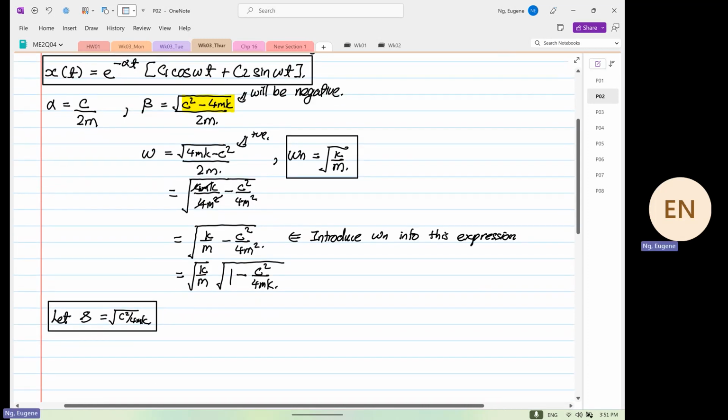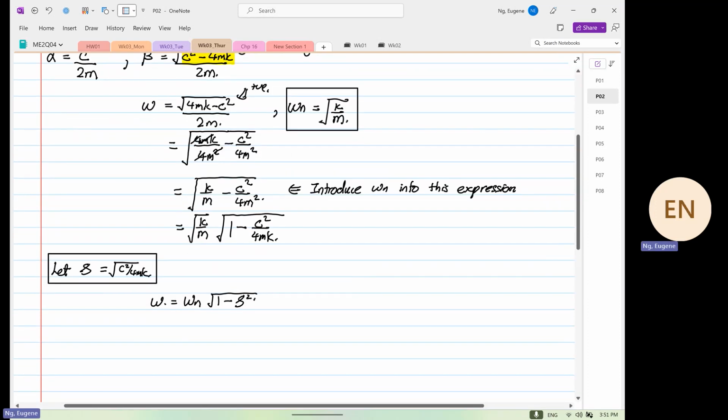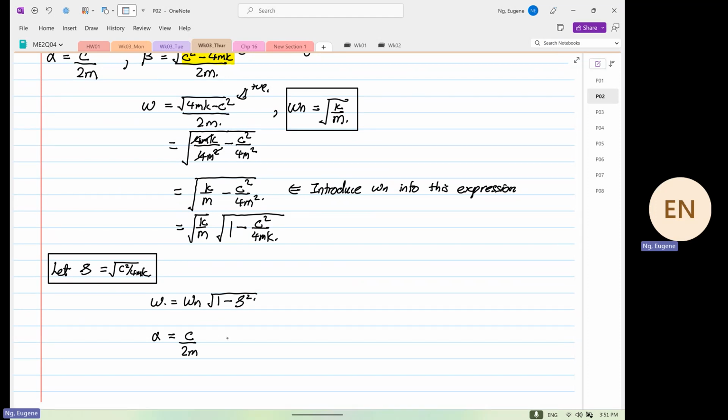So the expression will become omega n square root of 1 minus zeta squared. So we know what our omega is equal to. And for alpha, we also know that it's c over 2m, and this is also equal to zeta multiplied by omega n.